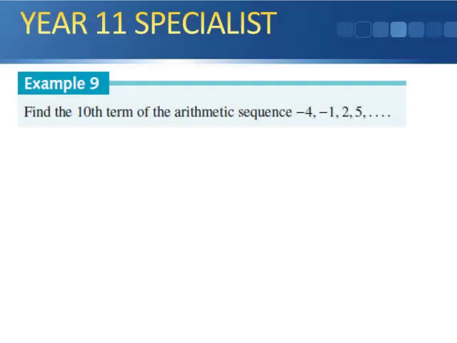Example 9. Find the 10th term of the arithmetic sequence -4, -1, 2, and 5. So we know our first term is -4, and we can work out our difference. You don't have to do all the working out. -1 minus -4 becomes +4, wait, that is 3, so D equals 3. The general rule, T of n equals a plus (n minus 1)d.